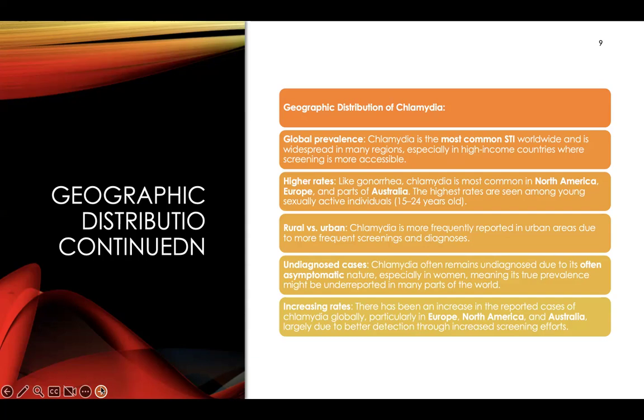There has been an increase in the reported cases of chlamydia globally, particularly in Europe, North America, and Australia, largely due to better detection through increased screening efforts, like I mentioned before.